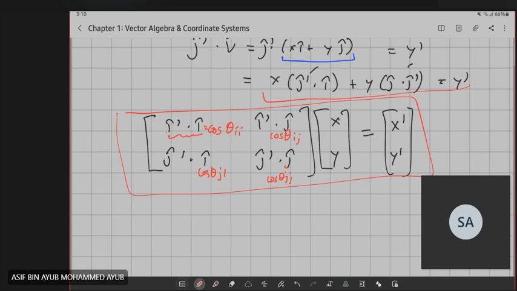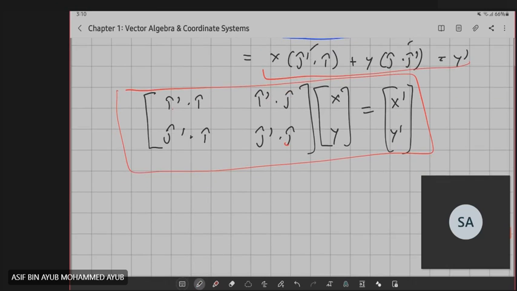Usually you'll either be given these component vectors, or you'll be given these thetas, right? Anyway, let me just erase this stuff. And depending on which one you're given, you can easily compute these rotated components, x prime and y prime.